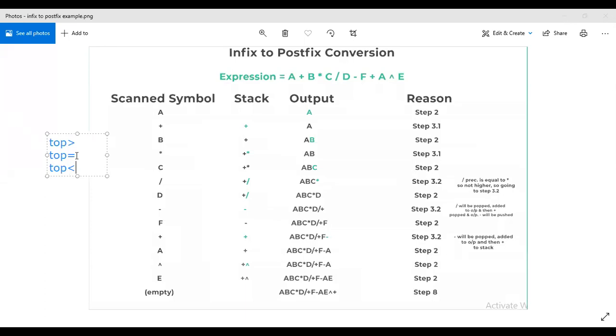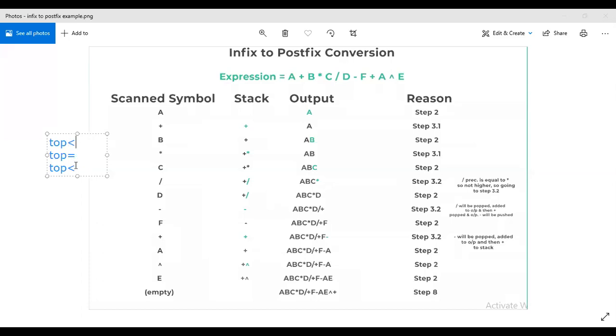The next one is the top of the stack has the same preference as the operator which I scanned. The next one is the top of the stack has less preference than the operator which I scanned.